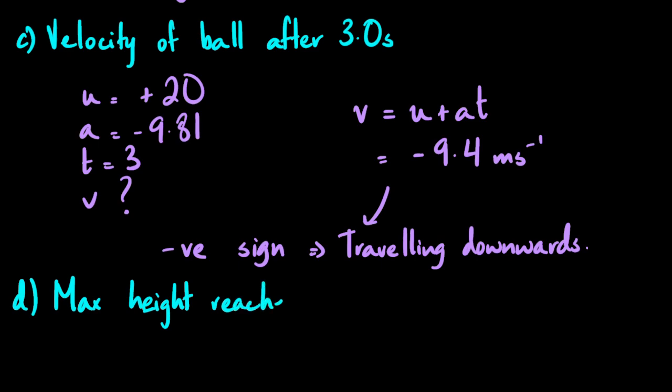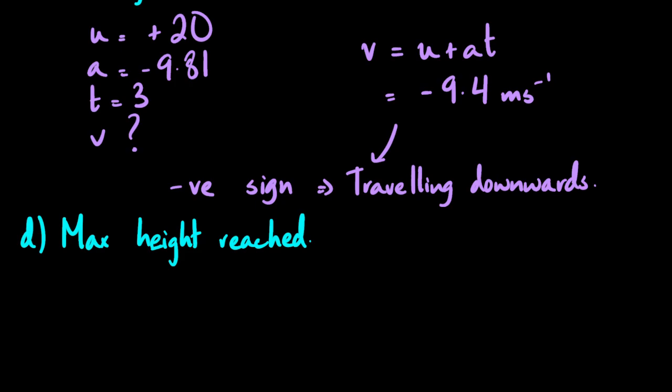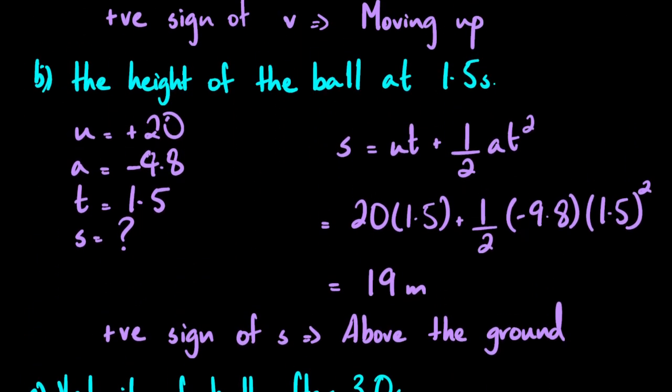So for the maximum height, we again have the same initial values of the variables. So u is still positive 20, a is still negative 9.81. And the idea is that whenever you are asked the maximum height, you take the final velocity to be 0. The reason for this is very simple.